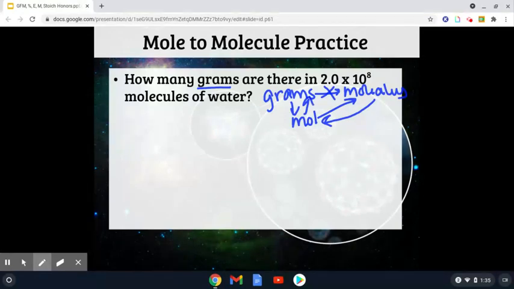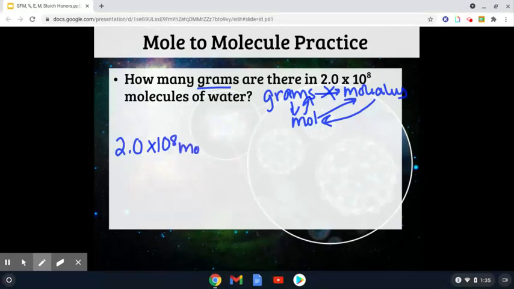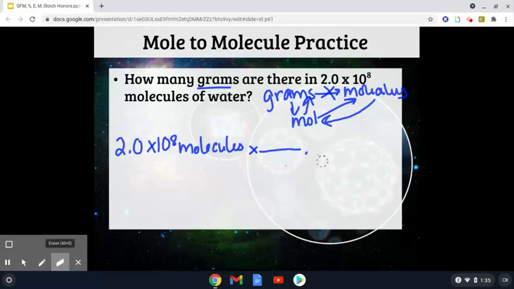So let's write down what's given. 2.0 times 10 to the 8th molecules. I'm going to put molecules on the bottom. Actually, I need a little bit more space for that.